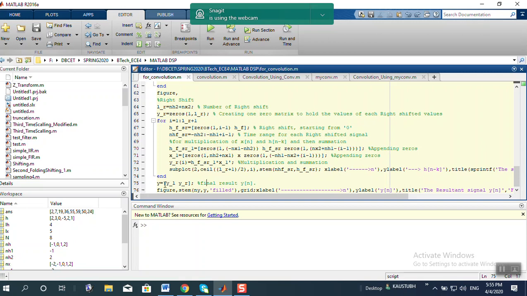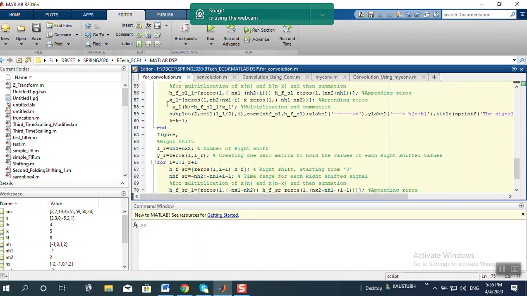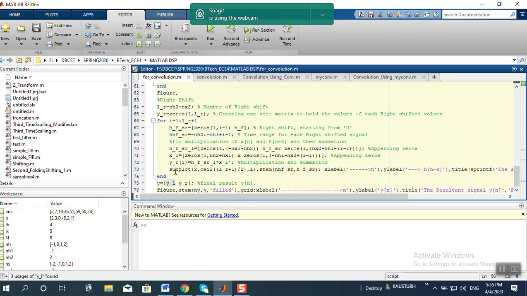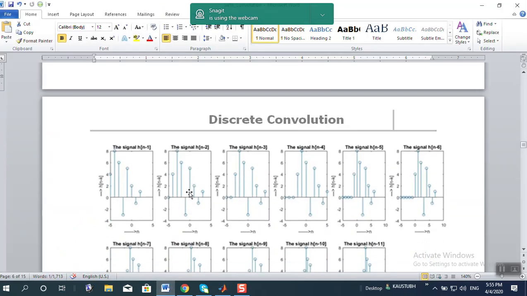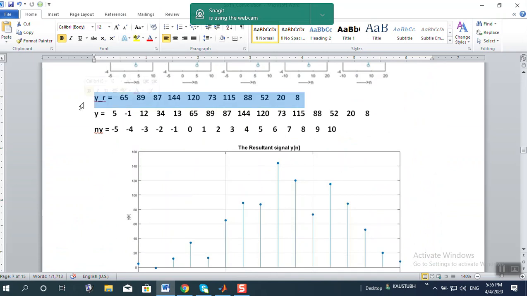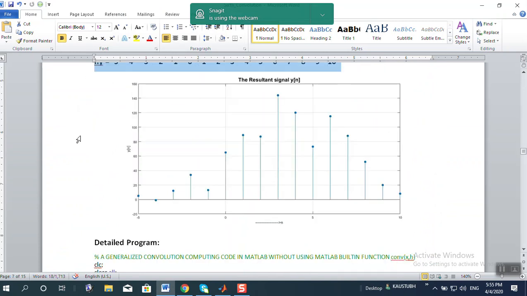Okay, and finally all the left shifted values YL and all the right shifted calculations Y of R are appended, concatenated together to form the complete result. So this is your complete result.